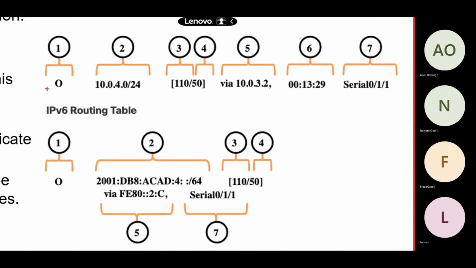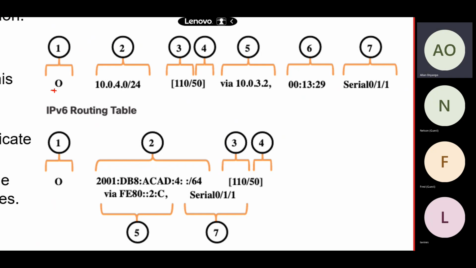Correct. So this is the routing table, and they have been given numbers here. And this is how we always read the routing table. Normally, the routing table is read vertically. So let's look at column number 1, and they're normally the same for both IPv4 and IPv6.